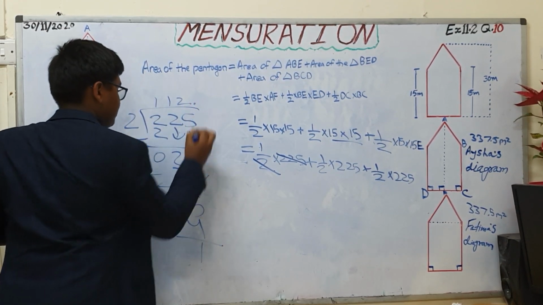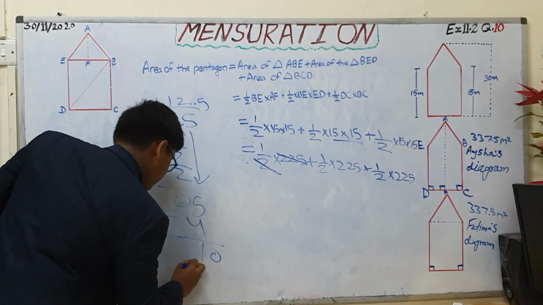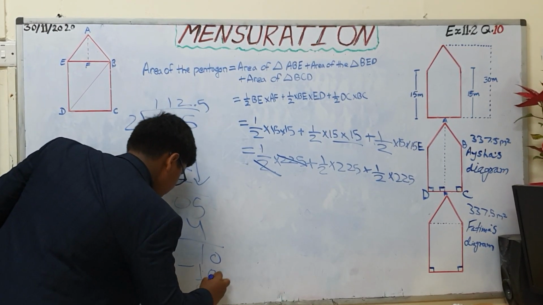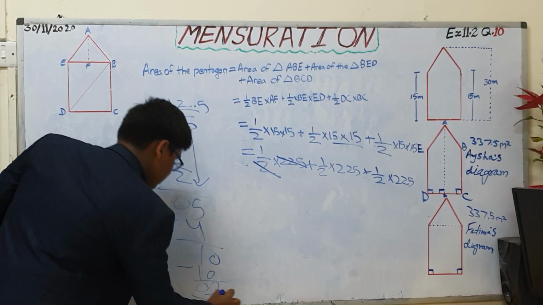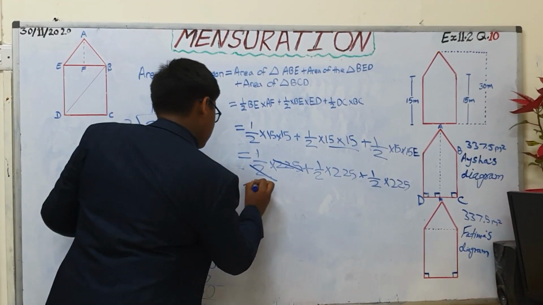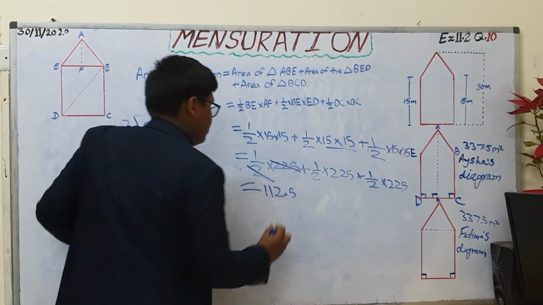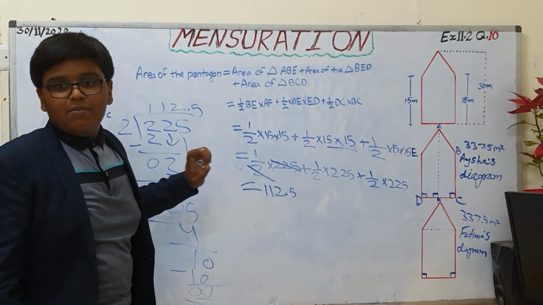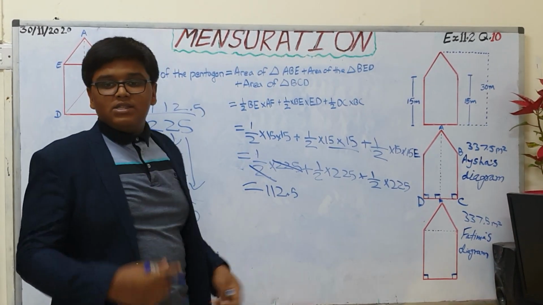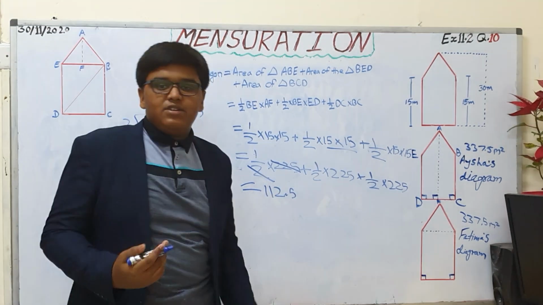Now we take a point for having a 0, then 5, then 2 fives are 10, and we have a 0 here. This is our division. Then we got the answer 112.5. Forget about the 1 by 1; it goes the same as it is.